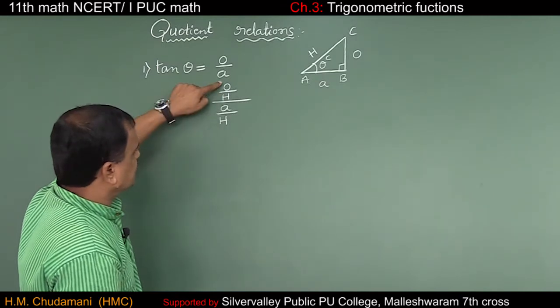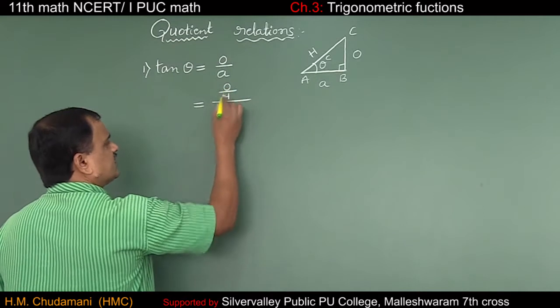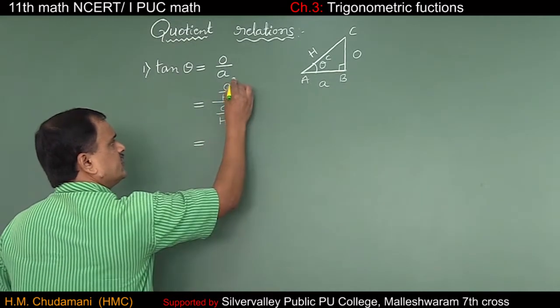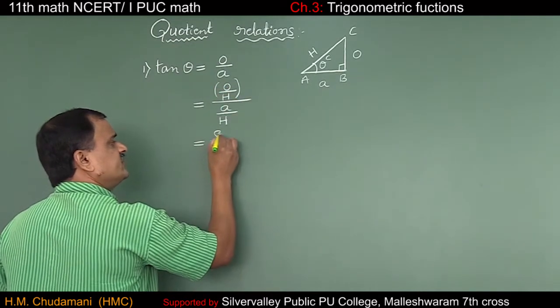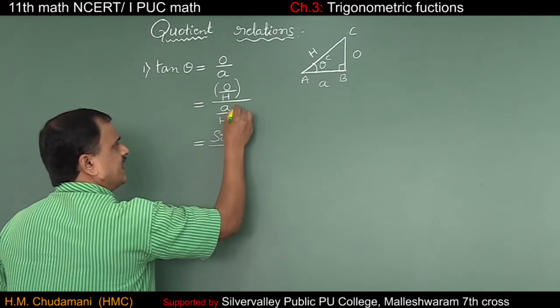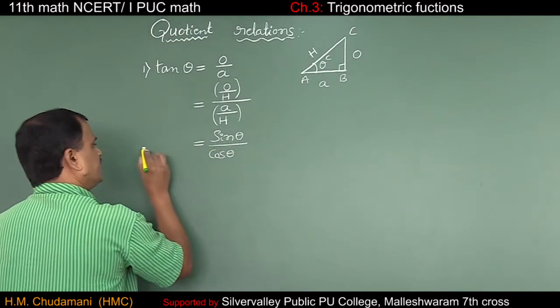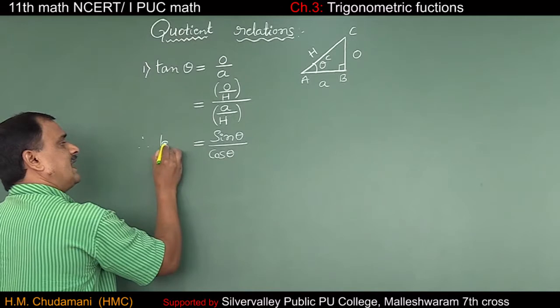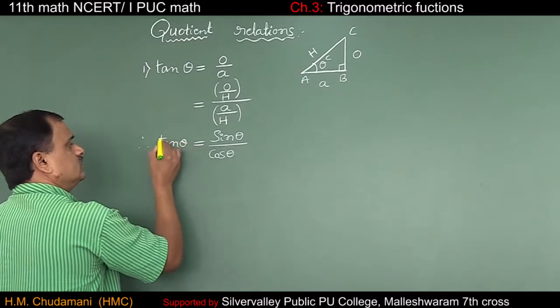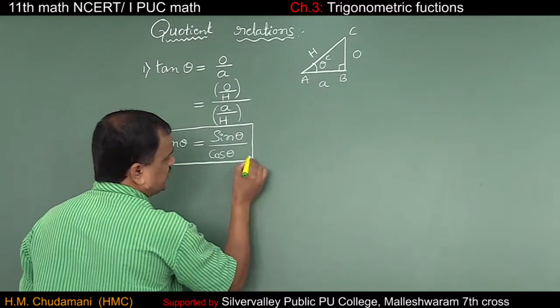So H gets cancelled, O by A only, opposite by adjacent. But actually what is opposite by hypotenuse? Opposite by hypotenuse is sine of the angle theta, divided by adjacent by hypotenuse, which is cosine of the angle theta. So tan theta is equal to sine theta divided by cos theta.